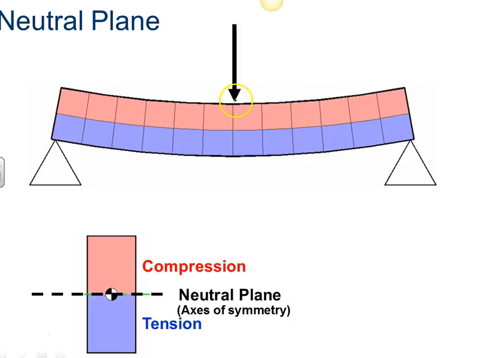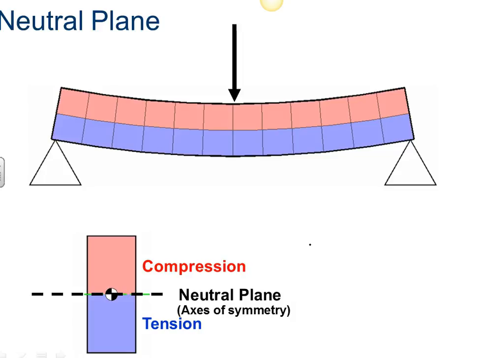There's some sort of load here that's applying a force at this point, and you can see that the beam deforms, or deflects is a better term for it. And what we find is that along this axis of symmetry, we could do the same thing if we turned it over, and it would be along this axis of symmetry instead. So if we turned it so that it was laying on its side instead of upright like this, we find that divides a couple of things that are happening in this beam.